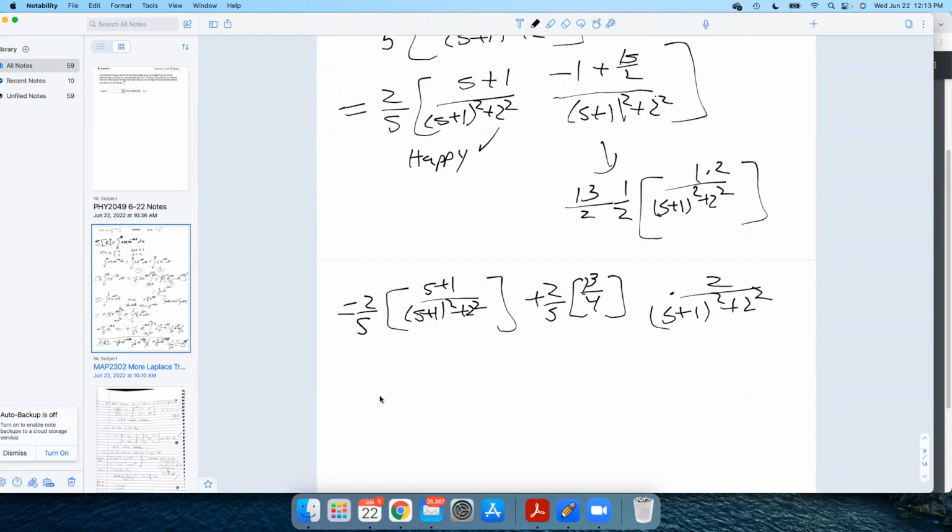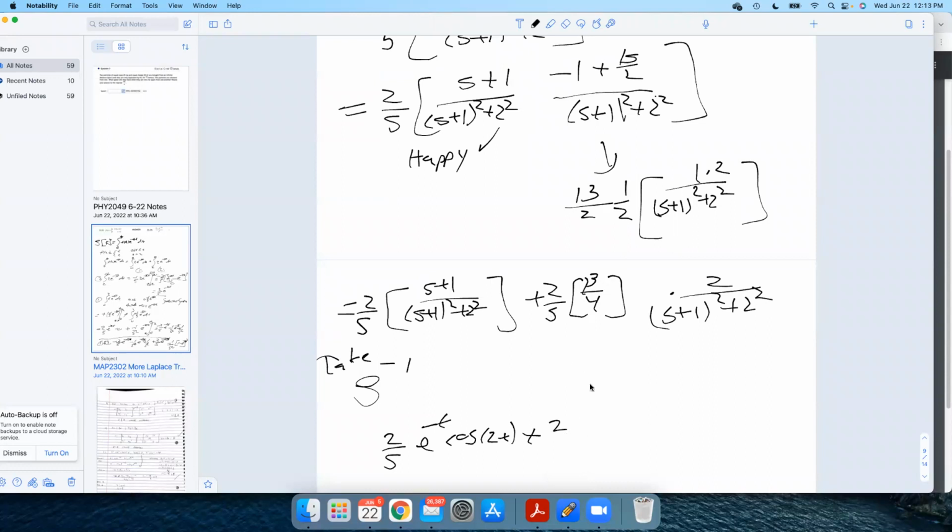Okay, I know the inverse Laplace transform, so take the inverse Laplace transform of everything. So I get a 2/5. This is a cosine. That's going to be e to the negative t cosine of 2t. I think that's 26 over 20, or yeah, I guess we could reduce that.